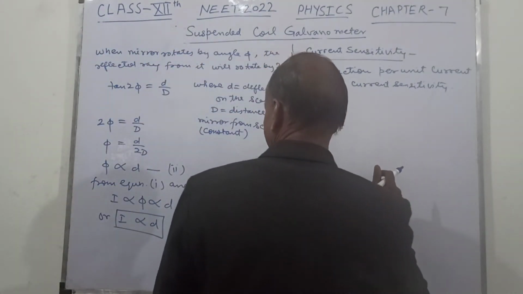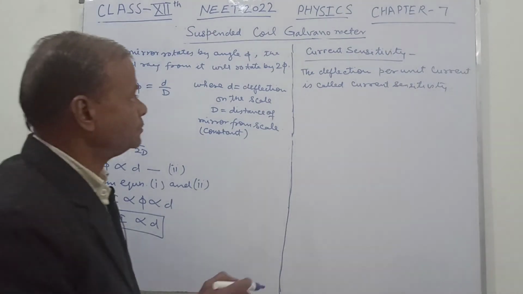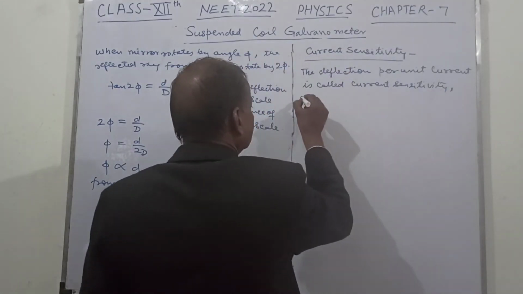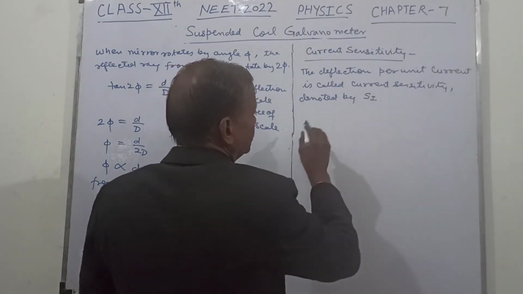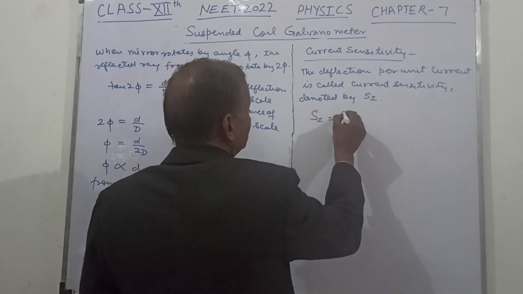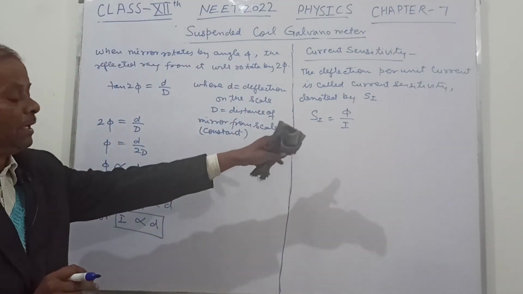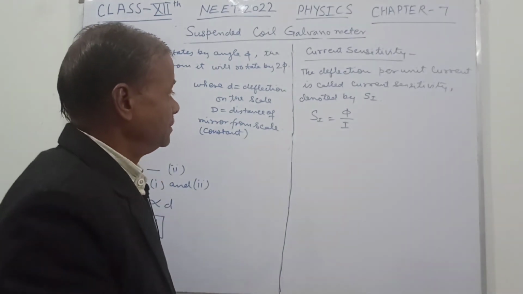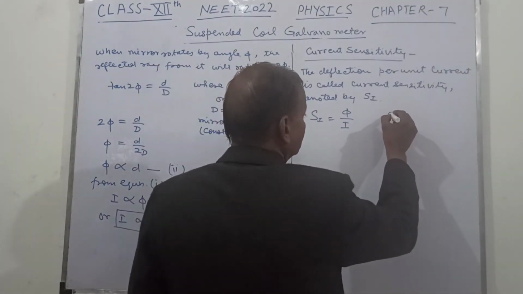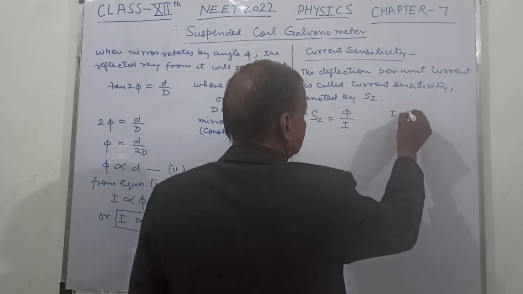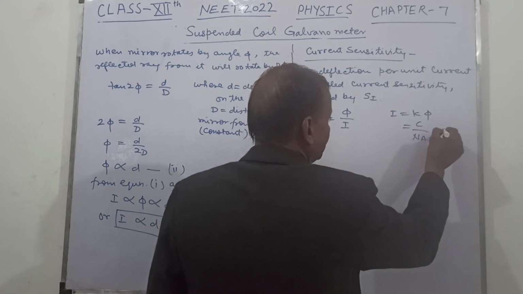This is denoted by SI. So SI is equal to phi upon I. And you have seen that I is equal to K phi, and this is equal to C upon NAB into phi.